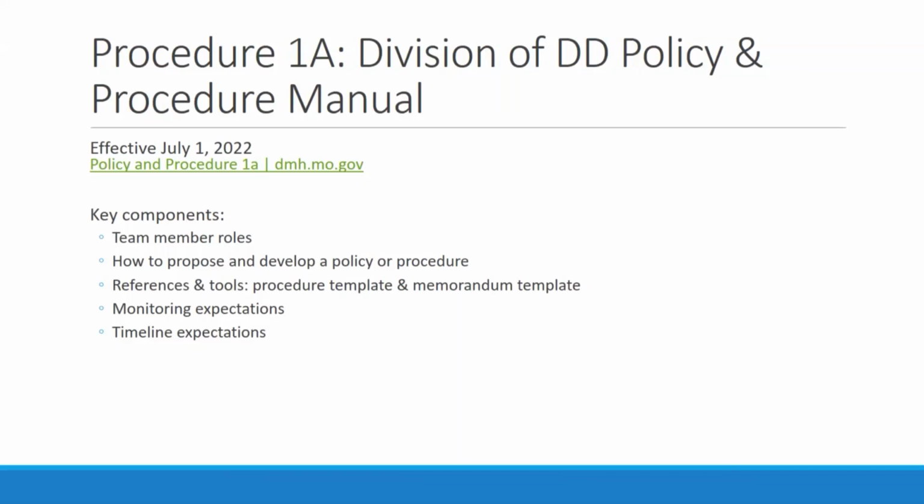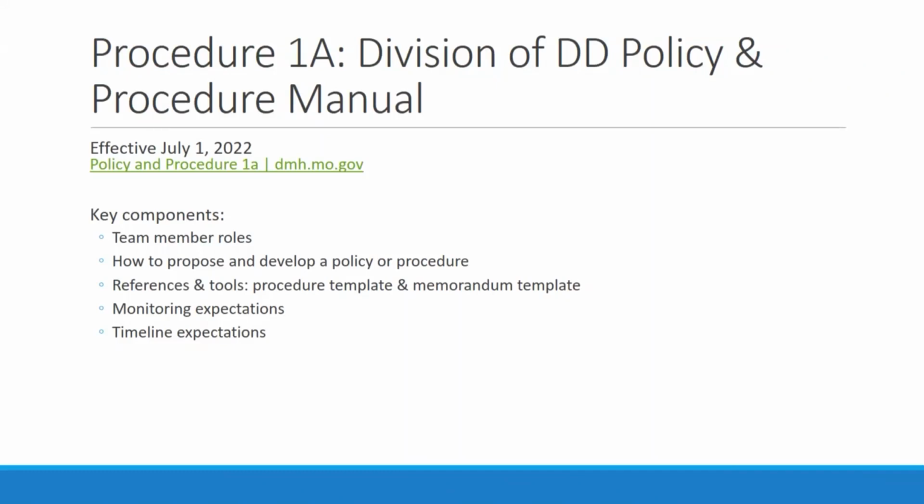Otherwise, everyone should know that they have a role to play in the policy and procedure manual. So everyone is responsible for taking initiative to be a part of the policy and procedures that are being created. Everything is going to be published for team member comment for no less than 30 calendar days. So take advantage. If you're a team member who's implementing the policy, or if you have folks under you that you need to understand how to train on a certain procedure, make sure you're getting involved.